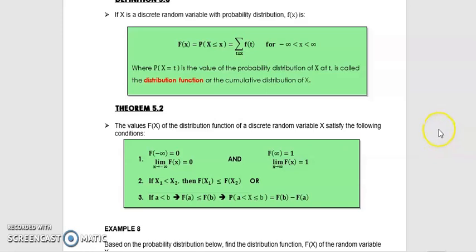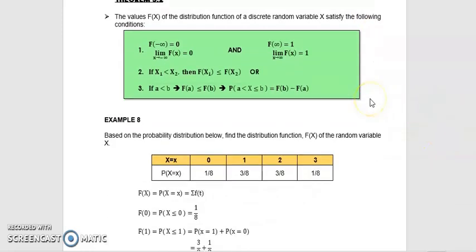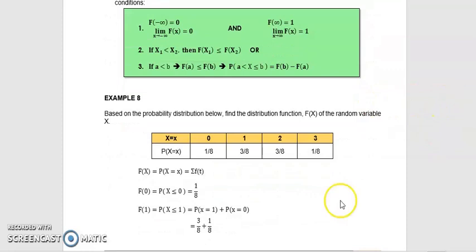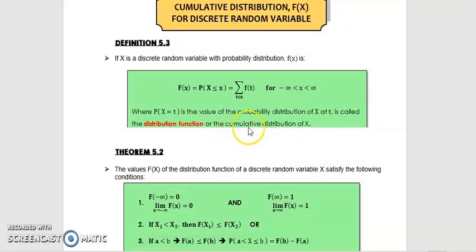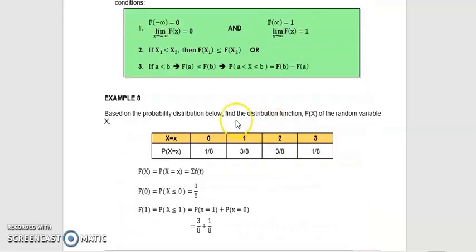Okay, now look at example 8 here. Based on the probability distribution below, find the distribution function F(x). Again, recall, the distribution function is also called the cumulative distribution. So find the distribution function F(x) of the random variable x.